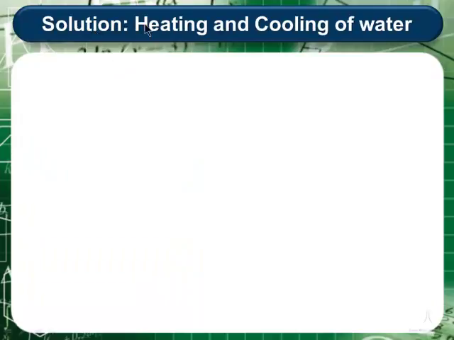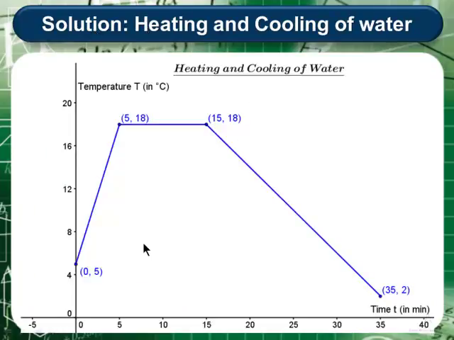Let us look at the solution to the heating and cooling of water problem. If we sketch the situation, this is what we will get. Remember, we take the water out of the fridge, so the time is 0 at that time. And at that time, the temperature of the water was 5 degrees Celsius.